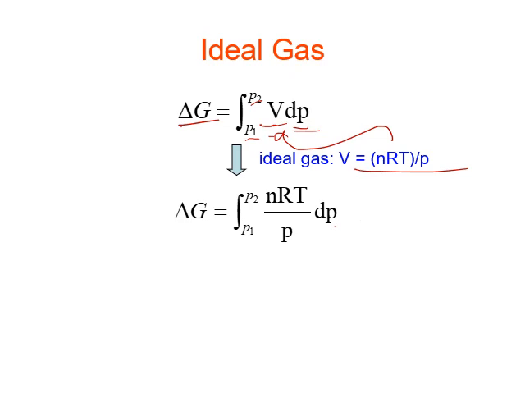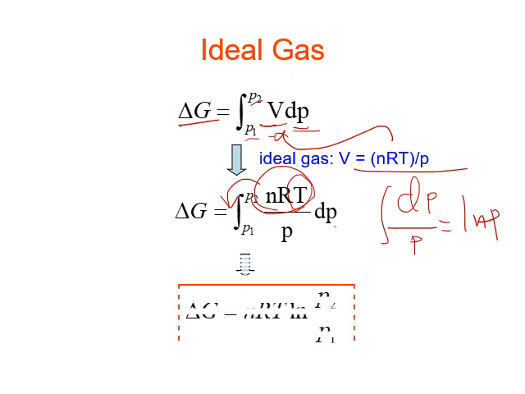If temperature is constant, nRT can come out of the integration, and the integration of dP over P is ln P. Therefore delta G equals nRT ln P2 over P1. That's the Gibbs energy change when pressure changes from P1 to P2.